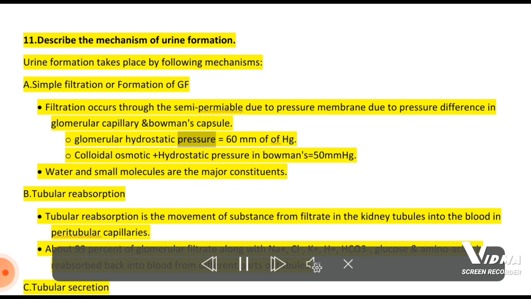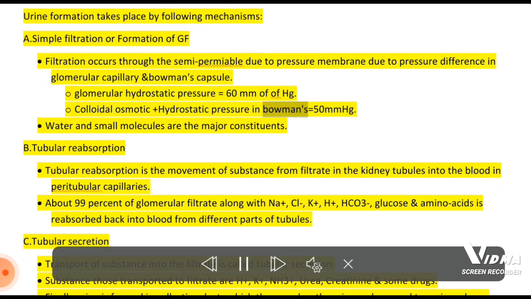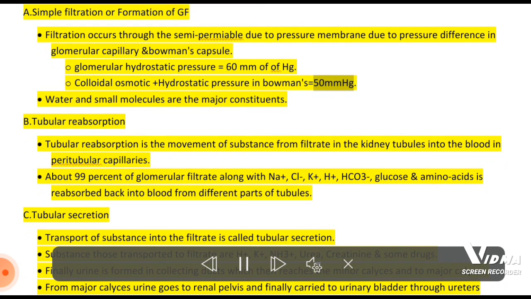Glomerular hydrostatic pressure equals 60 mm of Hg. Colloidal osmotic plus hydrostatic pressure in Bowman's capsule equals 50 mm of Hg. Water and small molecules are the major constituents.